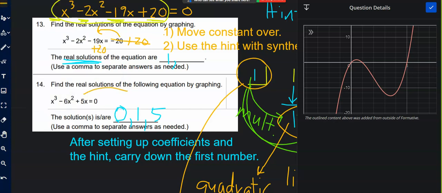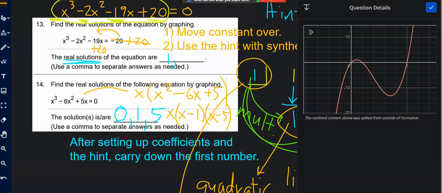Look for a GCF, and you can pull out an X. So this should look familiar to you as well, right? And then we would talk about factoring it and things that multiply together to give me 5, but add to negative 6. And you would choose negative 5 and negative 1. And then you could easily see 0, 1, and 5 from that.